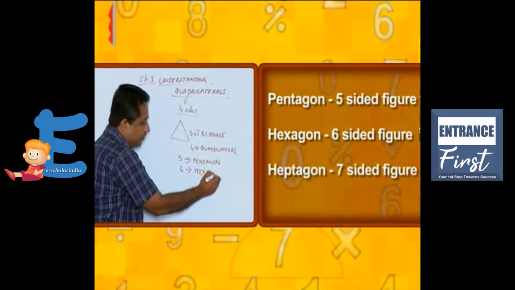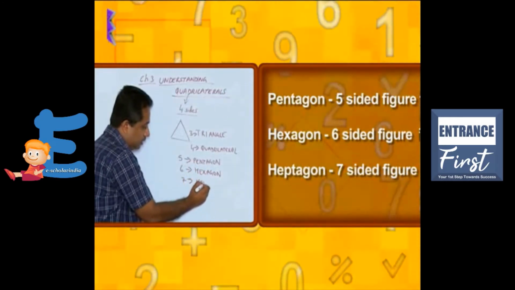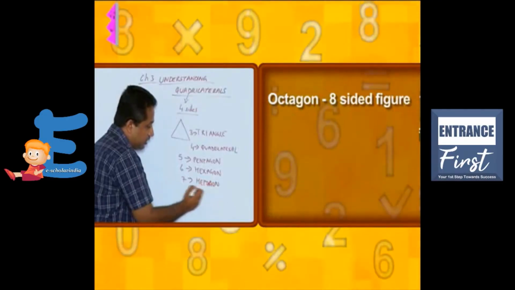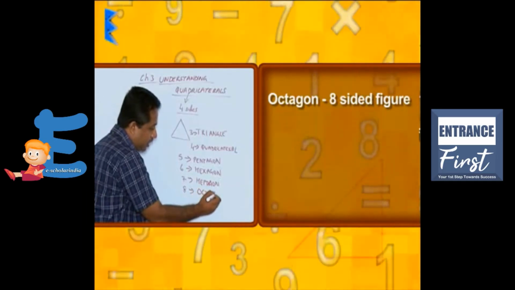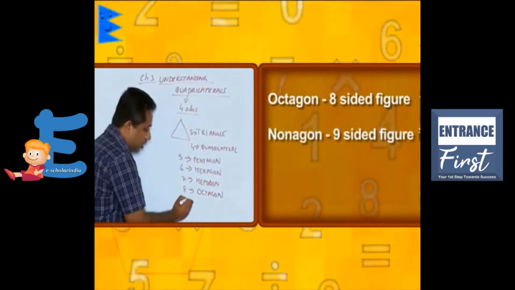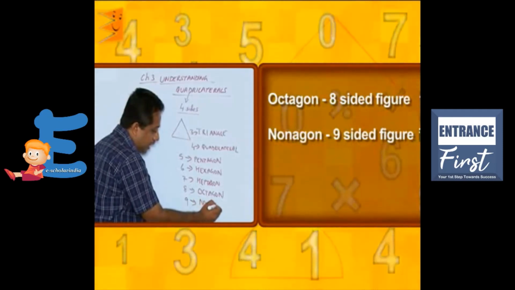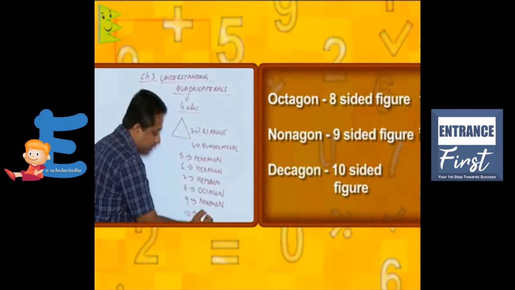A seven-sided figure is called heptagon. Eight-sided figure is called octagon. A nine-sided figure is called a nonagon. And finally, a 10-sided figure is called decagon.